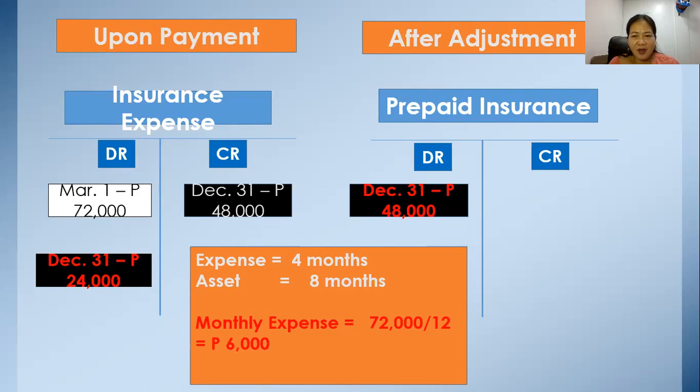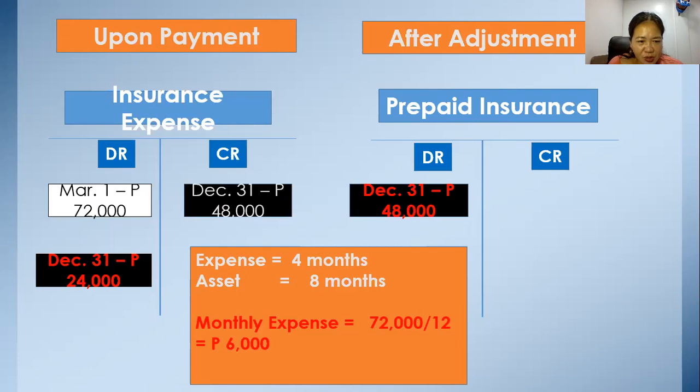Then at the end of the period, after preparing the adjusting entry, you will now have a prepaid insurance account. So both the insurance expense and prepaid insurance accounts now exist. Under the prepaid insurance account, you have a debit of 48,000 based on the adjusting entry that you've made, and a credit to insurance expense of 48,000 based also on the adjusting entry that you've made.